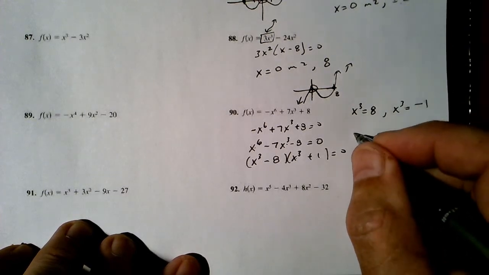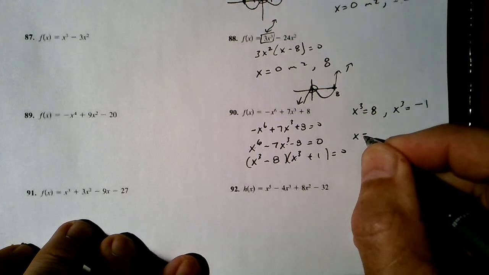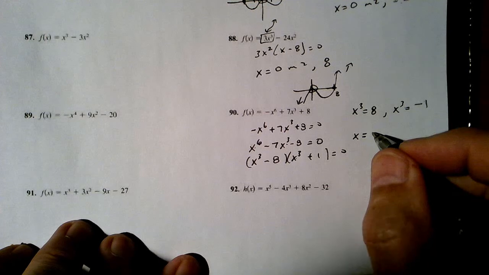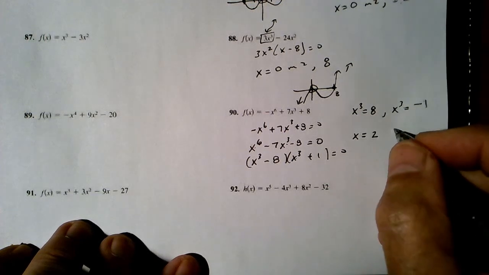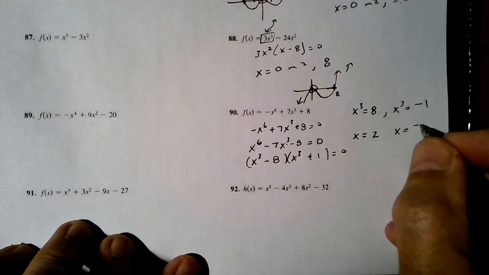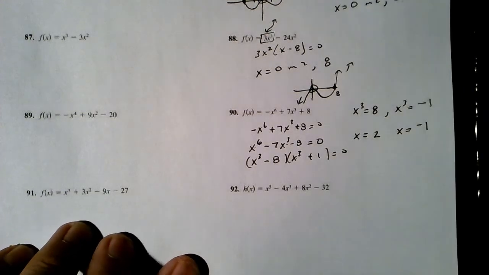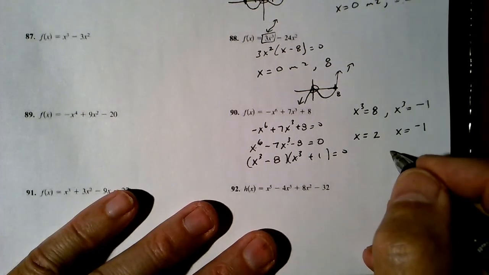That is x equals 2 or x equals negative 1. Third root of 8 is 2, third root of negative 1 is negative 1.